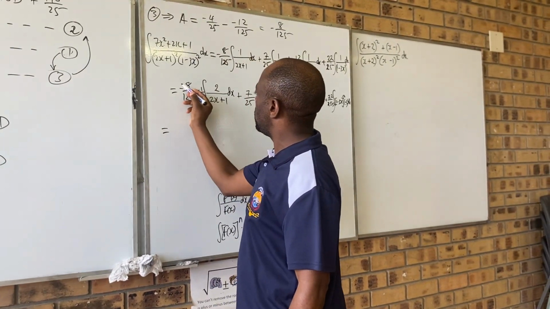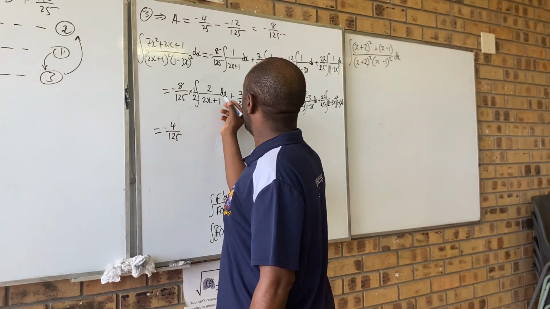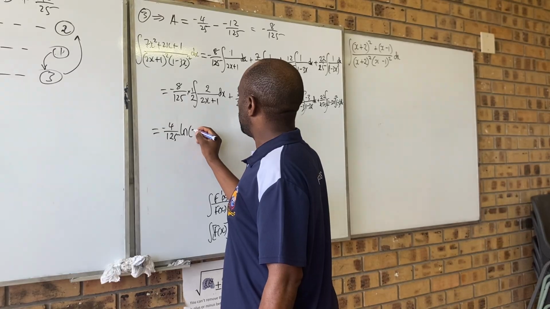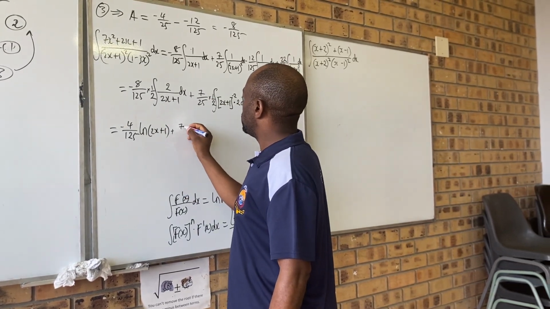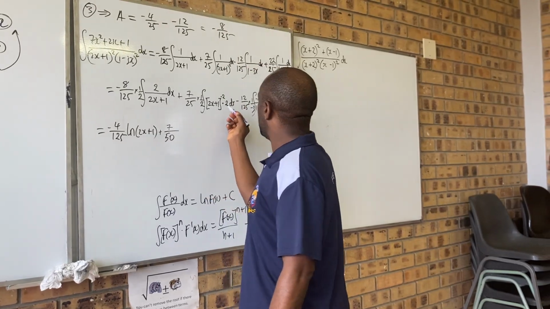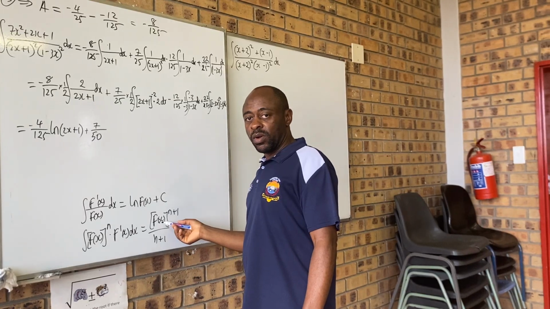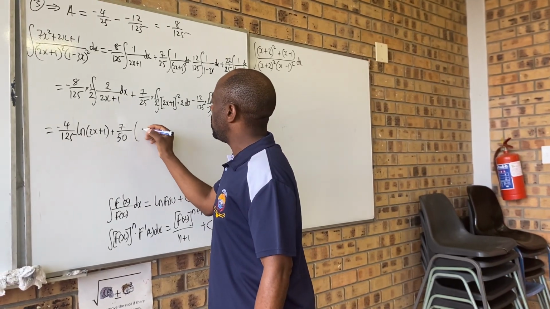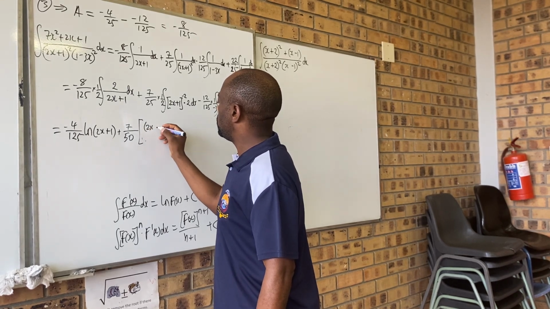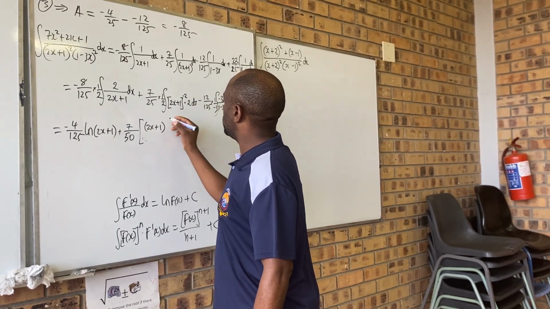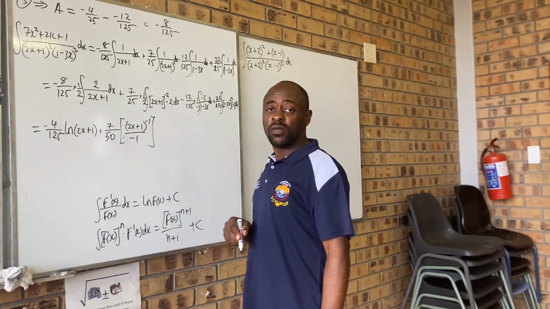So my final answer, if I multiply this constant out, is negative 4 on 125, then the ln of 2x plus 1. Then when I come here, it's plus 7 on 50. For this one, I just take the 2x plus 1, put it aside and increase the power. I will get 2x plus 1, increase the power so it will be negative 1, and divide by negative 1. So that's my integral for the second.